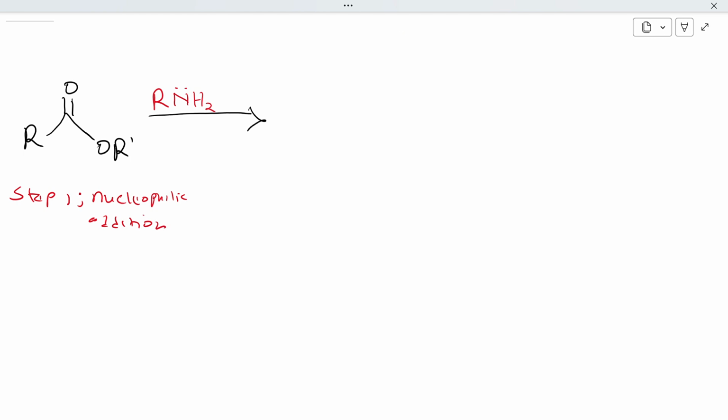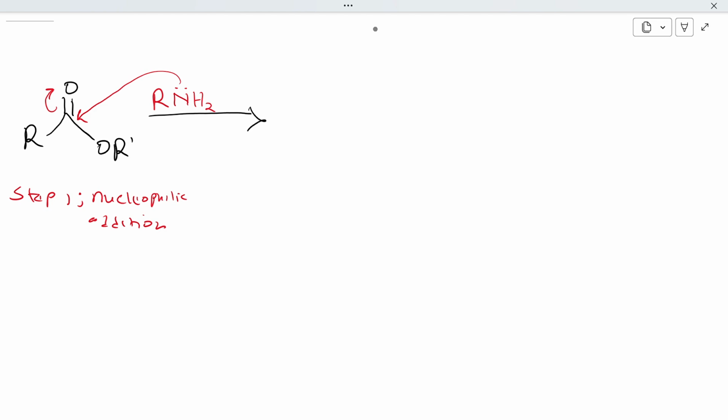How am I going to show that? The lone pair of electrons found on nitrogen are going to be donated to the carbonyl. What will that cause? The double bond is going to open up.